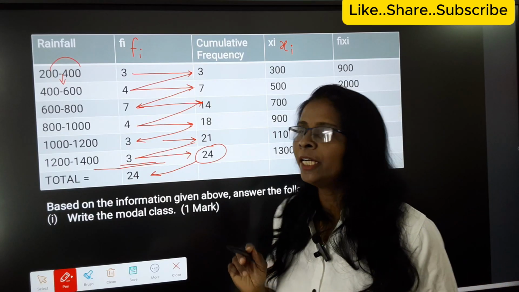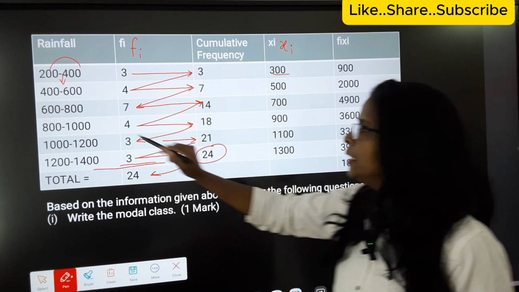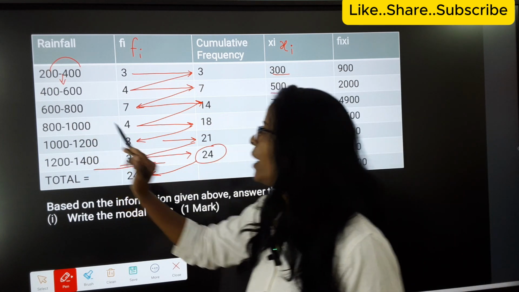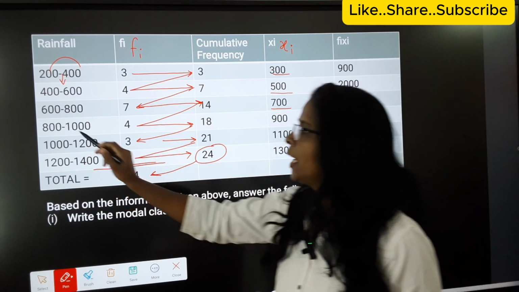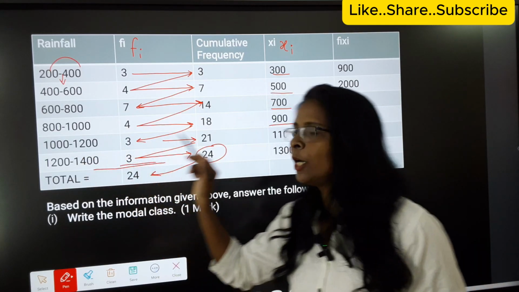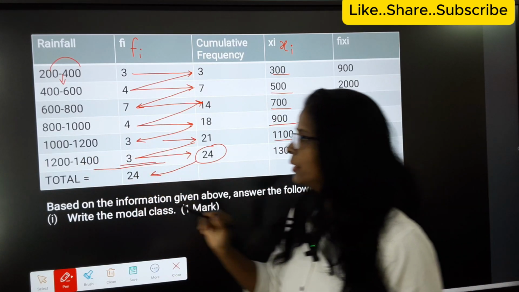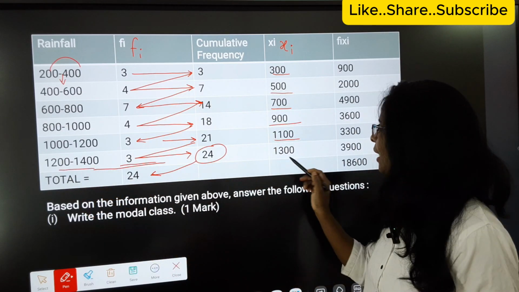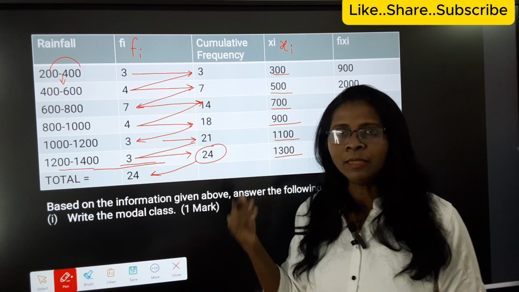Between 200 and 400 it is 300. Then 400 to 600, class mark is 500. 600 to 800 will be 700. 800 to 1000, then 900. 1000 to 1200, that is 1100. Then 1200 to 1400, it will be 1300.